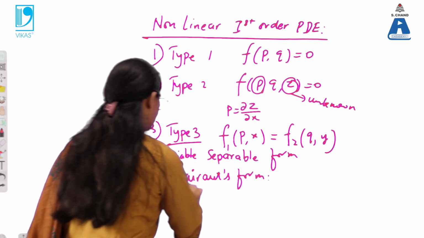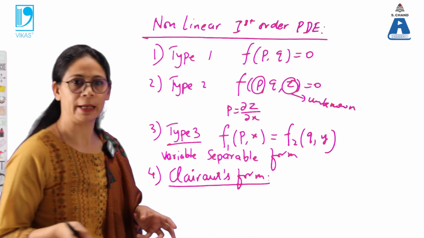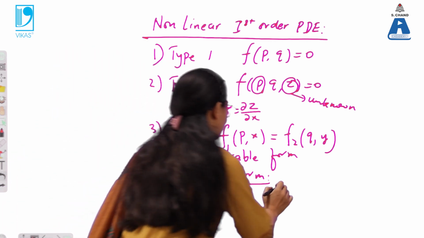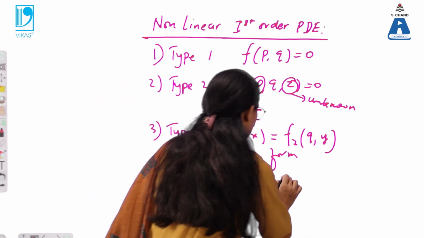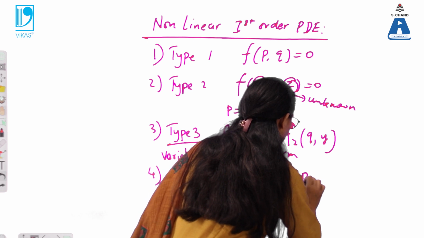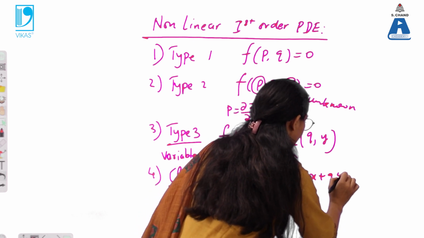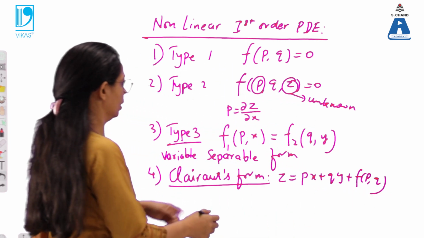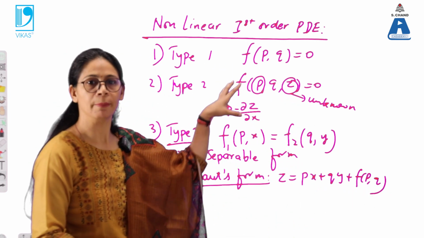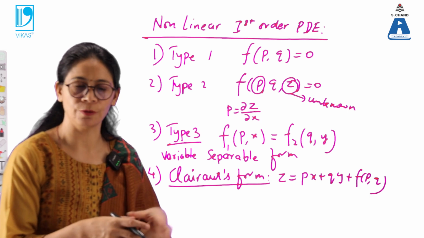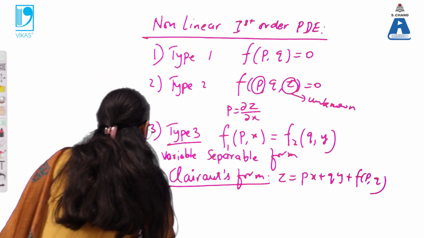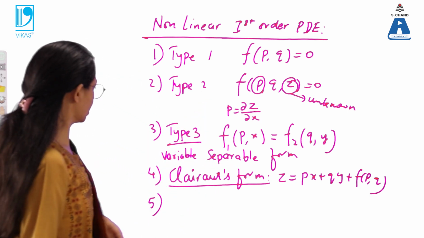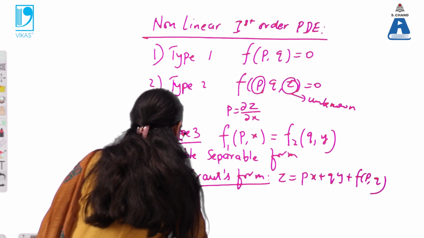The solution for this Clairaut's form is the easiest, and we say that the differential equation is given in terms of z equals px plus qy plus some function of p and q. Here z is our unknown function, so we are maintaining that z is the unknown function throughout these types. And then the fifth type is called the Charpit's form.